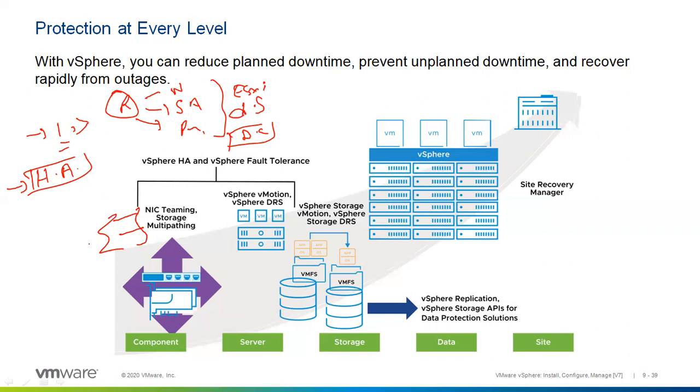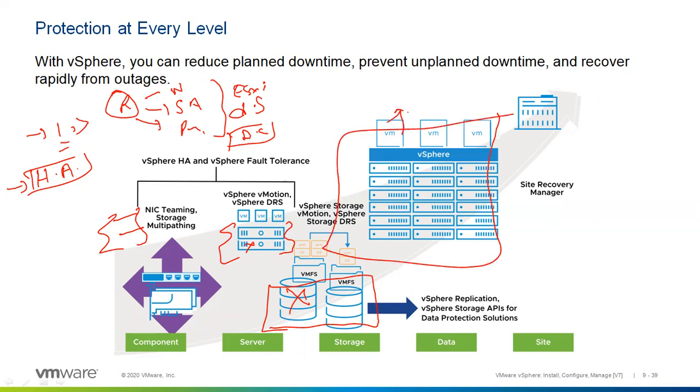Storage multipathing avoids storage path failure. In a cluster, we enable high availability and DRS to avoid host failure. In data stores, we can make a logical cluster of multiple data stores together to avoid any data store failure. Or if you say everything is fine, sir, can I protect an entire data center?